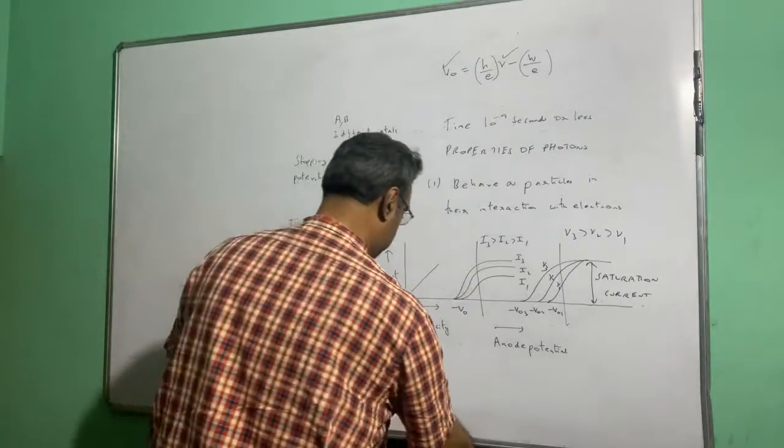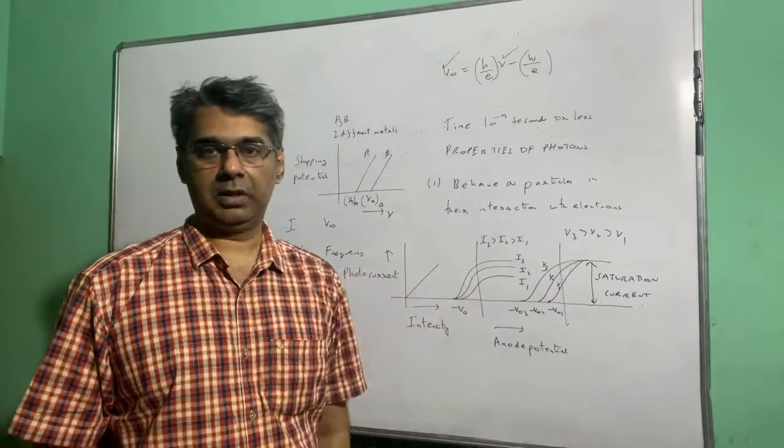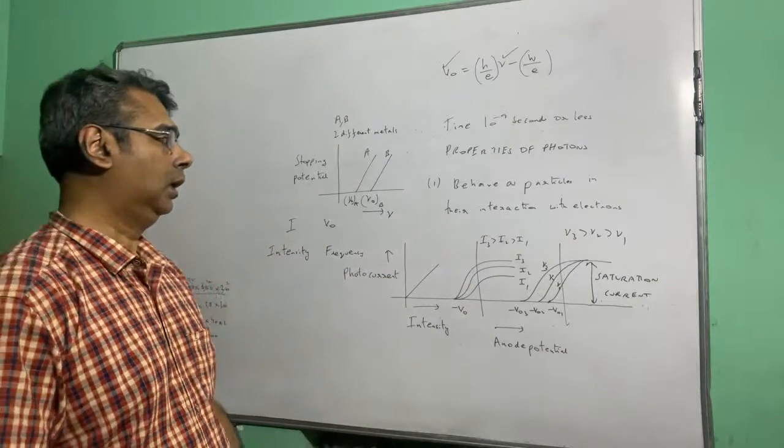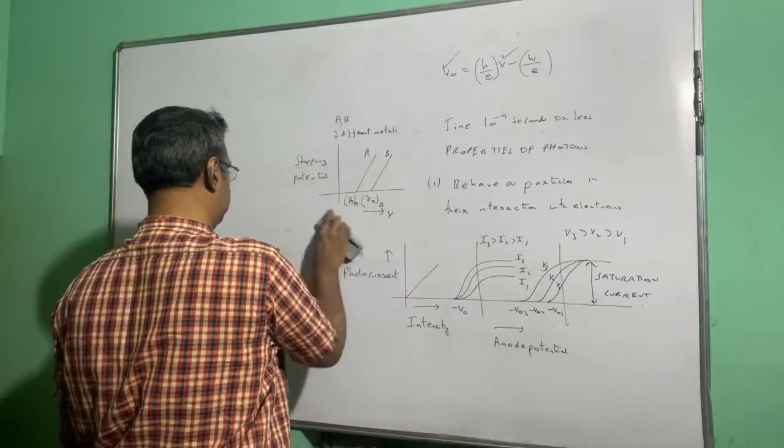Number one, they behave as particles in their interaction with electrons. When they interact with electrons, at that time they behave like particles.